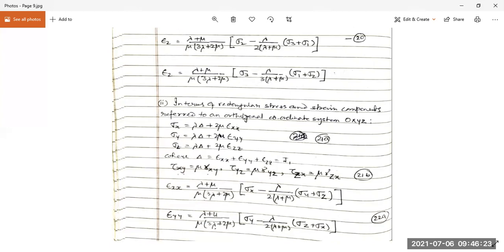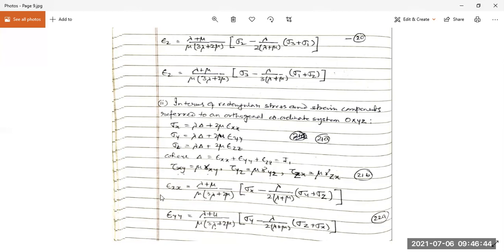And if we take the rectangular stress and strain components referring to an orthogonal coordinate axis OX, Y, Z, that's sigma x, which is not our principal stress axis itself. Sigma x, sigma y, sigma z take this particular form, epsilon xx, epsilon yy, epsilon zz itself.